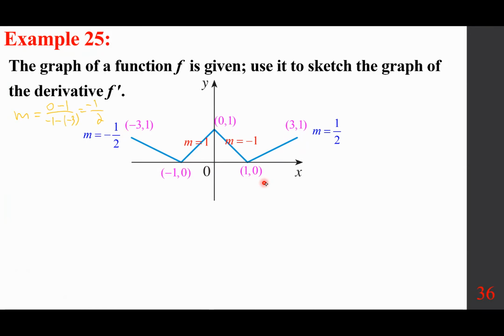Now, how do we graph this? I want to make sure we understand. Let's assume we had this line segment and nothing else. If I had this line segment, I would just graph y equals -1/2.